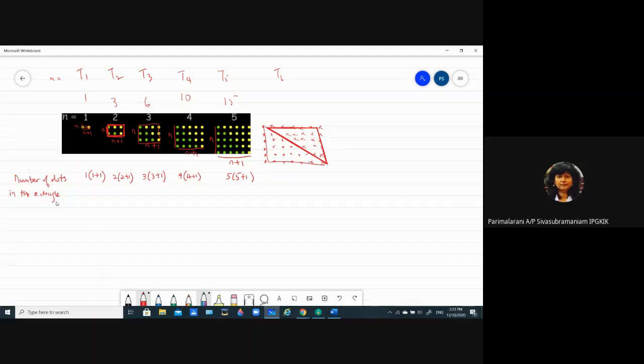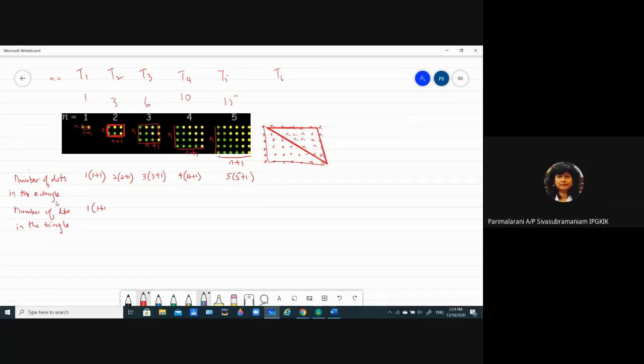But our original number is only the green one, right? So how do we calculate the number of dots in the triangle? We know the number of dots in the rectangle. So what is the number of dots in the triangle? It's divided by 2, right?